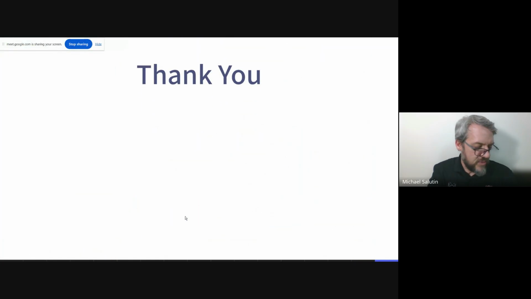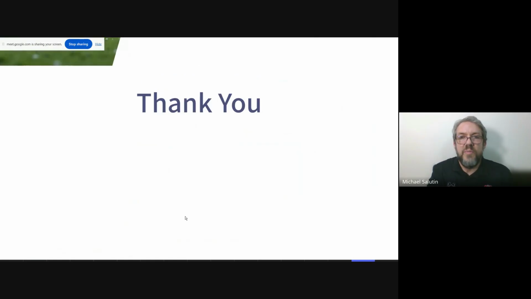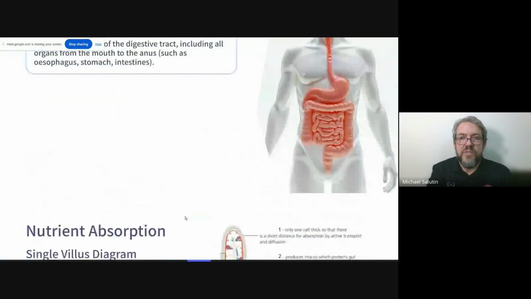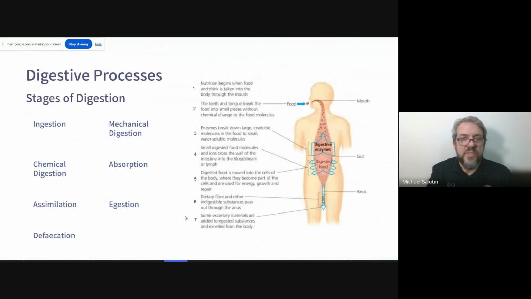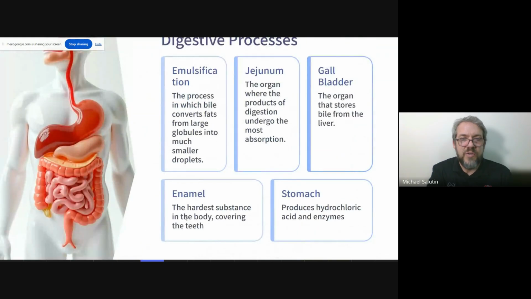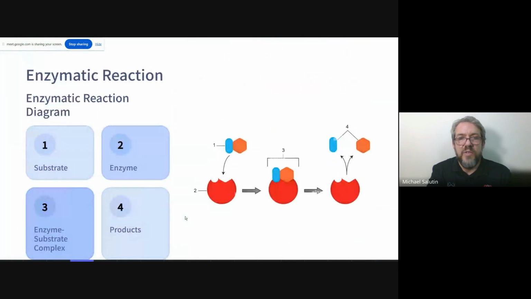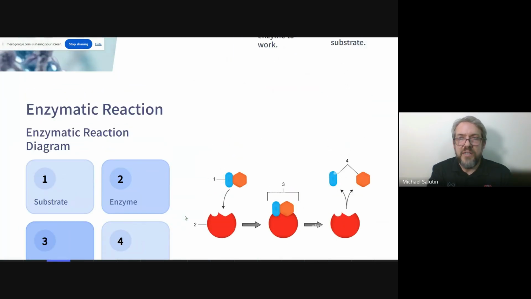Okay, so that's all we have for today. Just make sure you know all parts of this and make sure that you know your diagrams. Make sure you can match all your labels. You should be able to describe an enzymatic reaction.